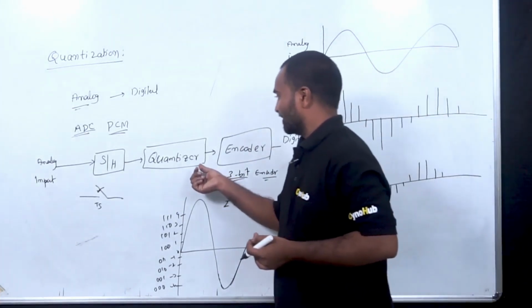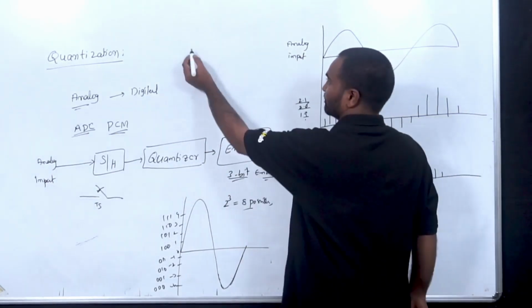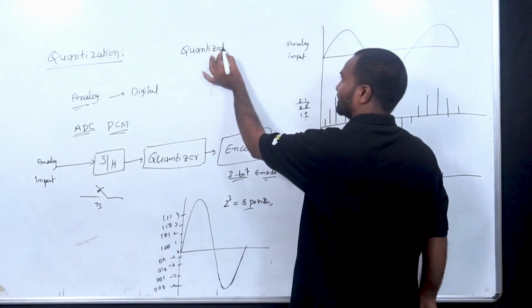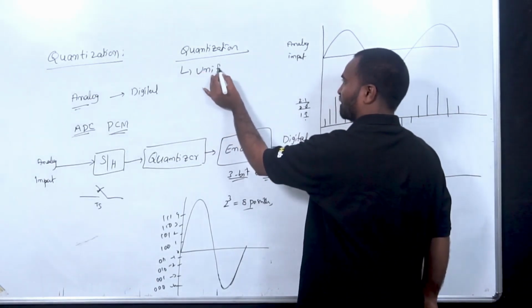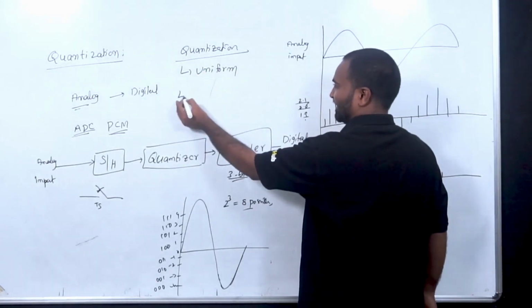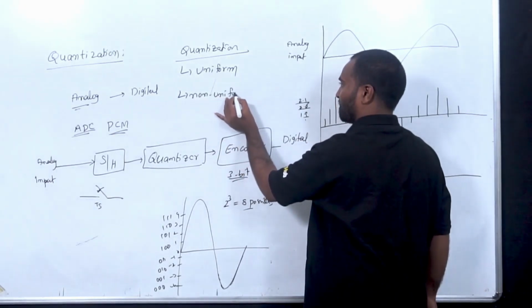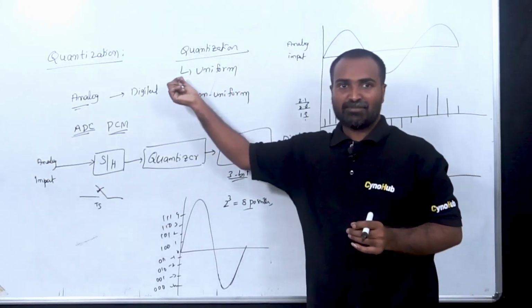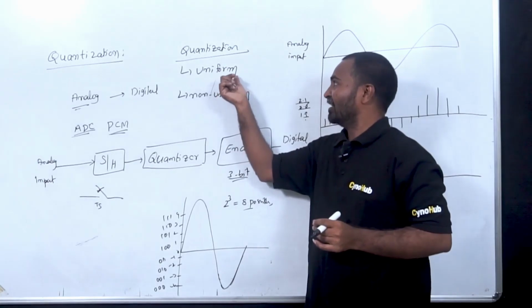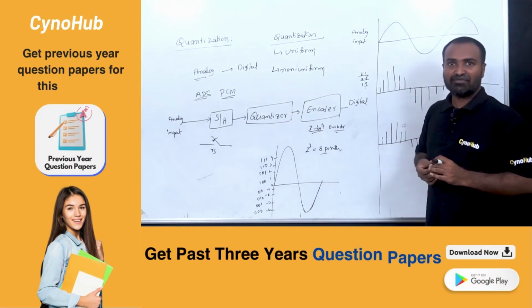The quantizer is classified into two categories. One is uniform quantization and the second one is non-uniform quantization. In uniform quantization, the step size is the same, or the step sizes are equal. In non-uniform quantization, the step size varies with respect to the input signal.